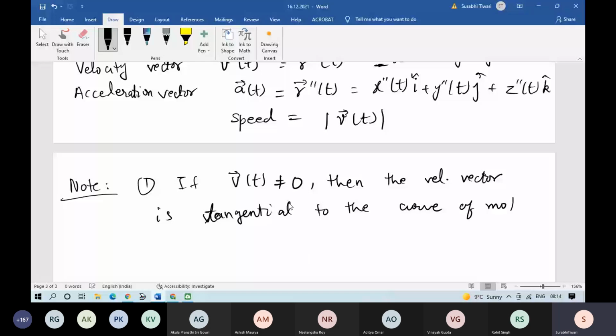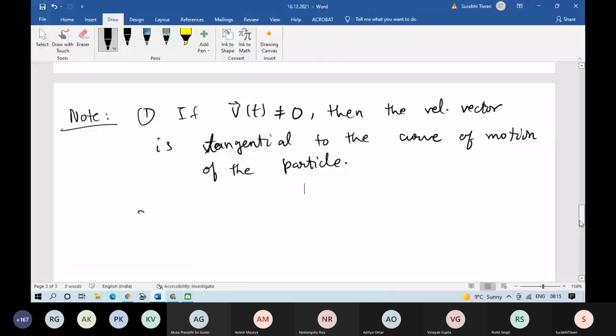Why? Because it is r'(t). You know that if the position vector is r(t), then r'(t) is the tangent to the curve, to the motion of the particle. And second, s(t) from a to t; instead of r'(t) you can write v(ξ), the velocity vector.